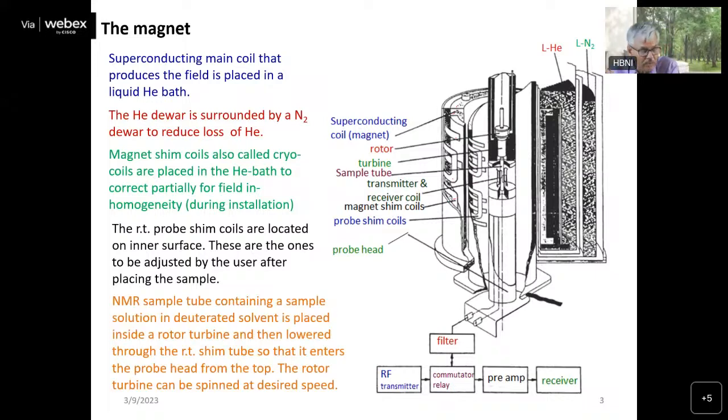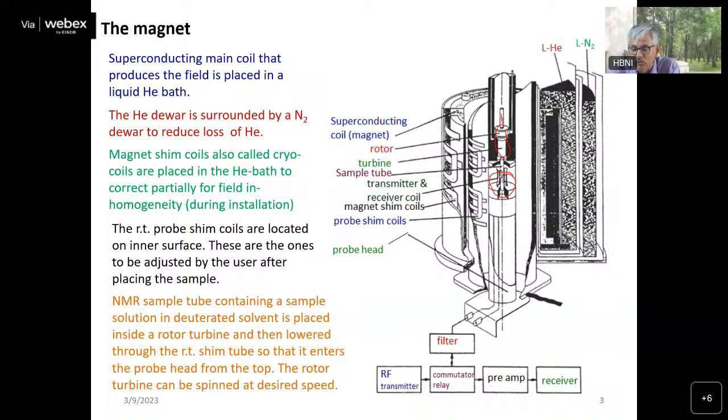Then the NMR sample tube containing the NMR sample solution in a solvent, mostly a deuterated solvent, is placed. You can see this is the NMR tube, which is placed inside a rotor turbine. Inside that, the NMR tube is placed, and that is lowered through this room temperature shim tube, through which the sample is lowered, and this is your probe, and this sits.